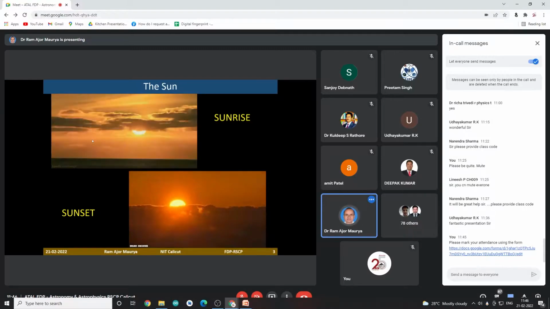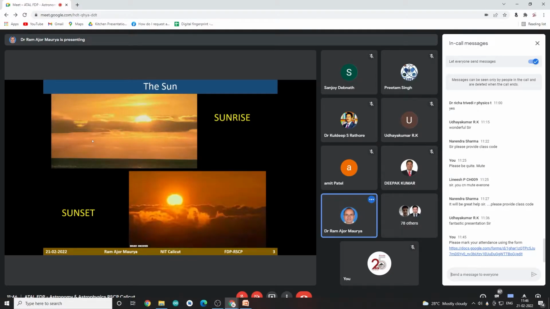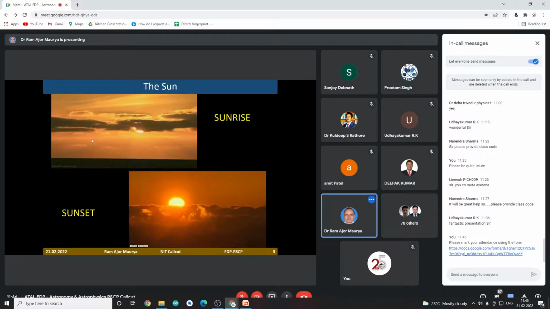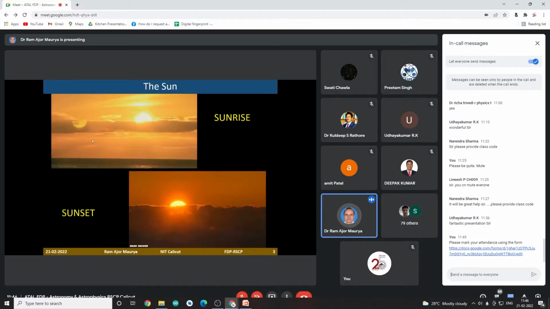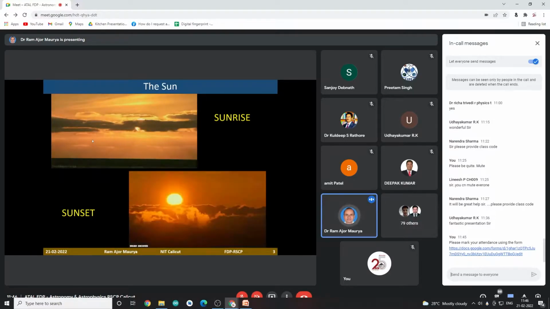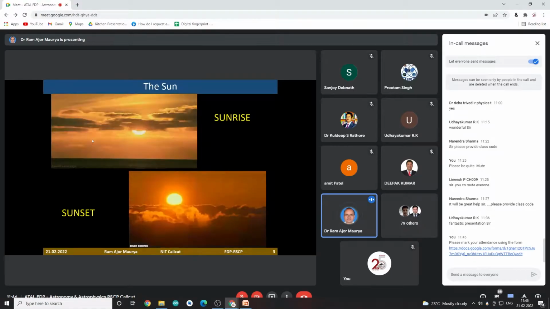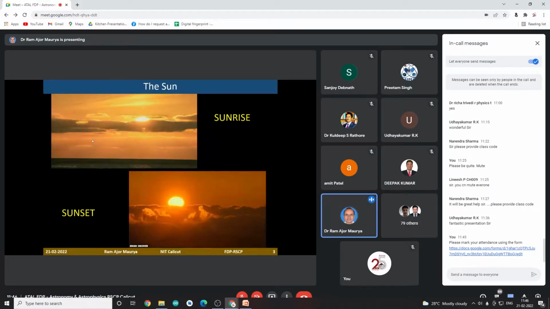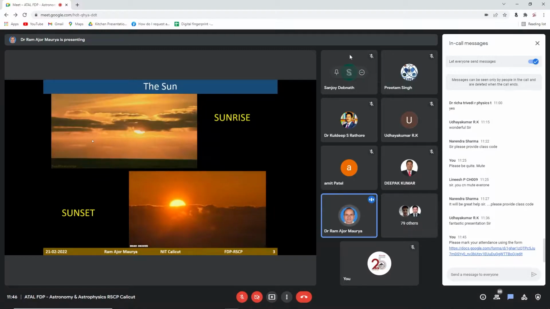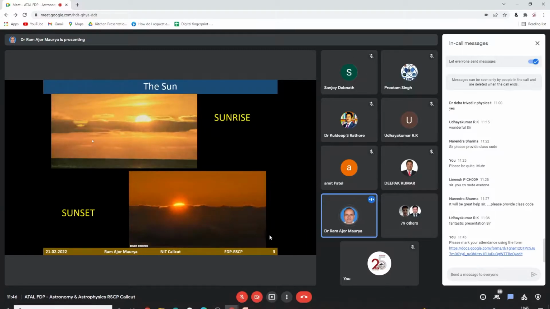We are curious to know more about the Sun, what are the activities related with it, what is the interior of the Sun, and how it is related with the other stars in our galaxy. Since it is close to us, if we know more about the Sun, then we can understand more about the universe. That's why it is also called the Rosetta Stone of astronomy.